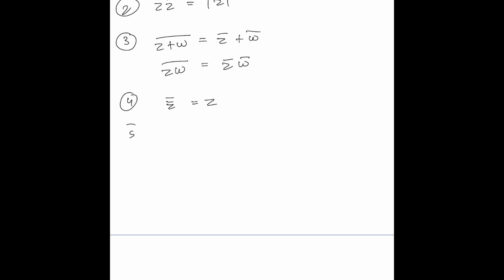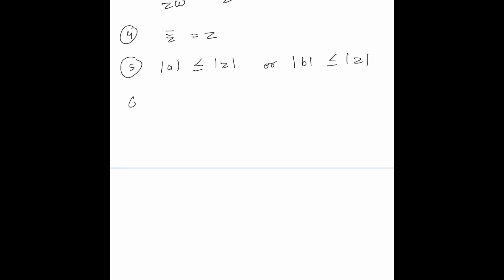Another property is that the real part of the complex number should be less than or equal to the modulus of the complex number itself. Same with b: the imaginary part of the complex number should be less than or equal to the modulus. The modulus of the conjugate of the complex number should be equal to the modulus of the complex number.